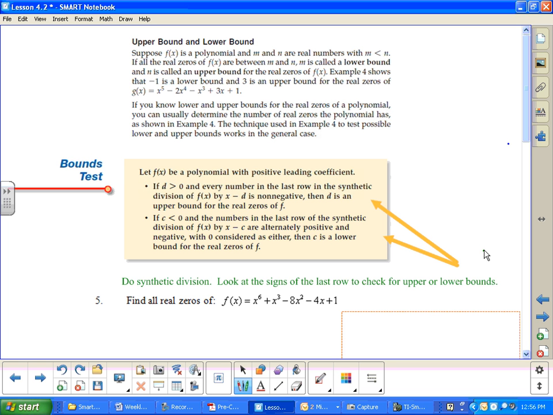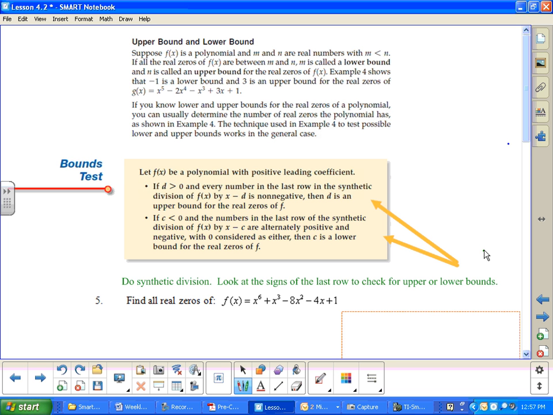Okay? So this is the bounds test. It says if f of x is a polynomial with a positive leading coefficient, if d is greater than 0, and every number in the last row in the synthetic division is non-negative, what does non-negative mean? Then d is an upper boundary for the real zeros of f.